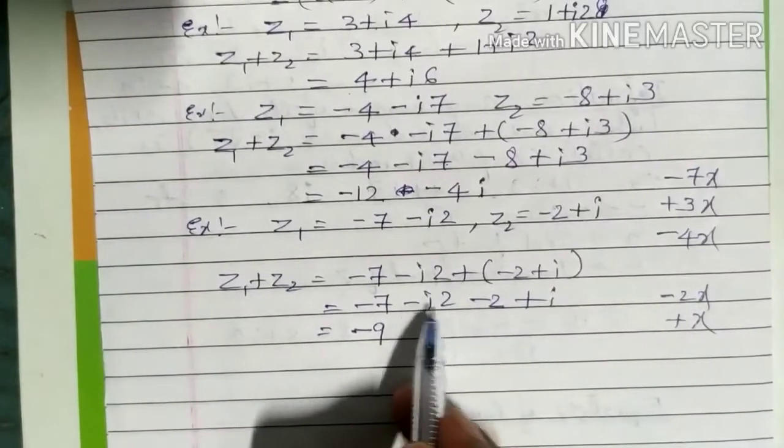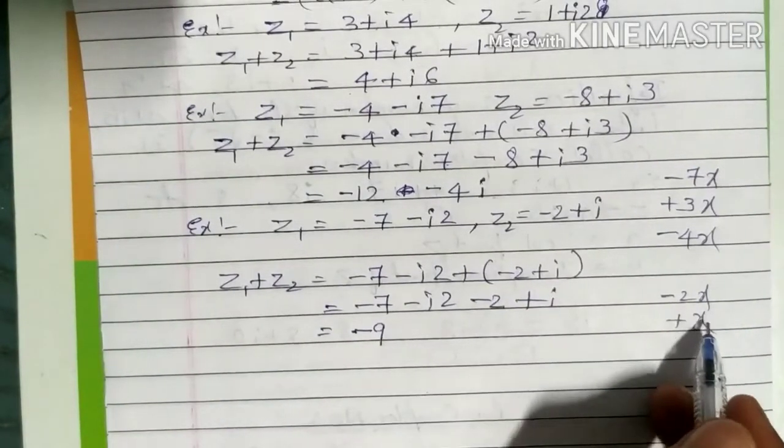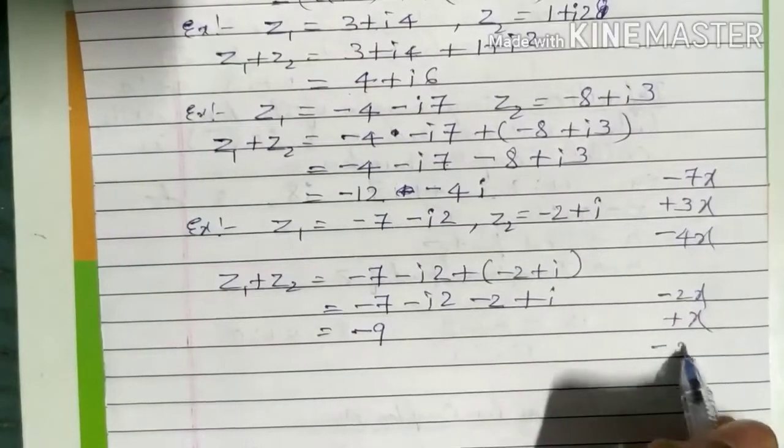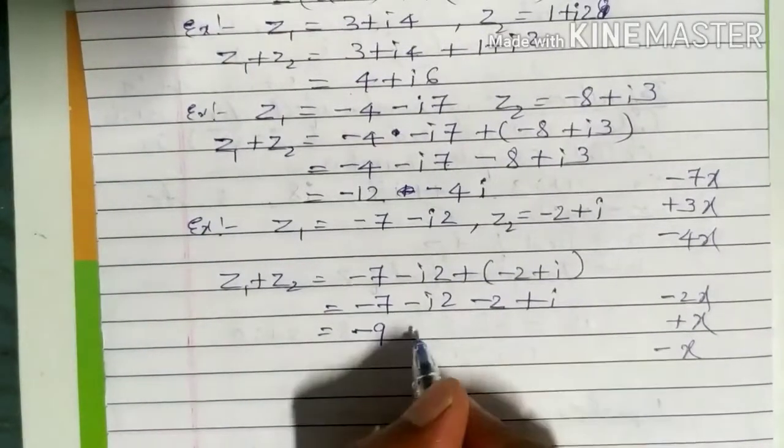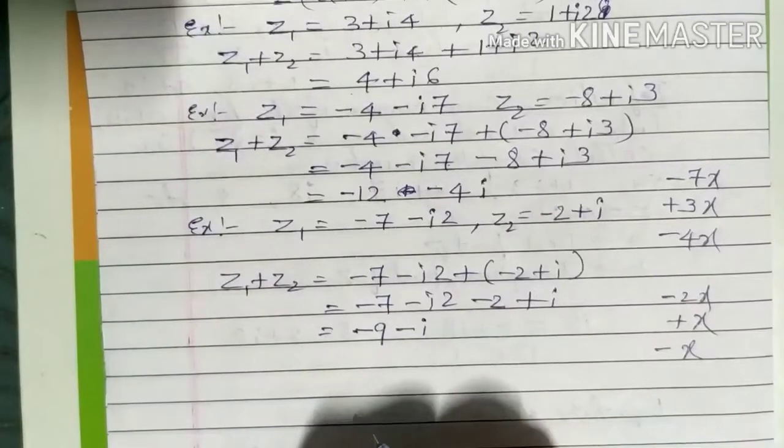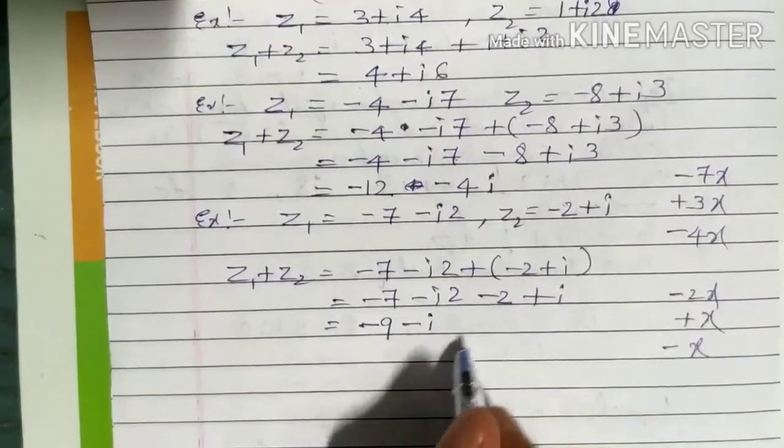Minus 2x plus 1x, that is nothing but minus x, right? So that is minus i. So minus 9 minus i. So this is how you can simplify.